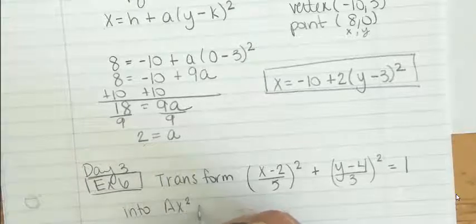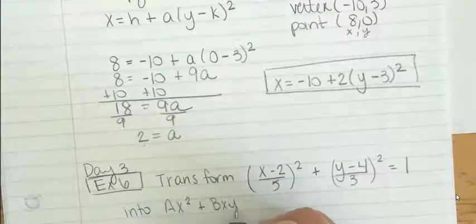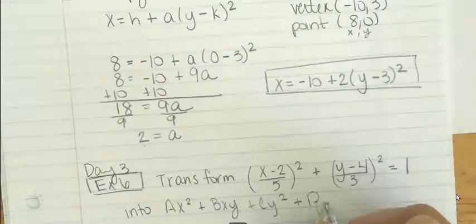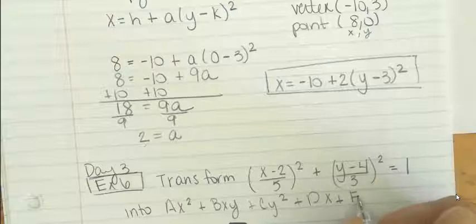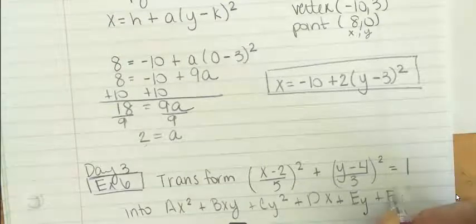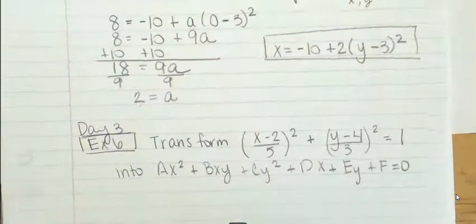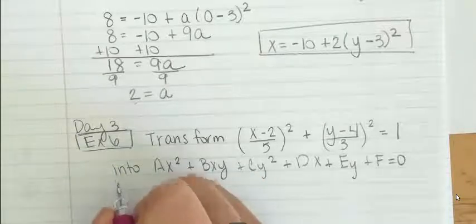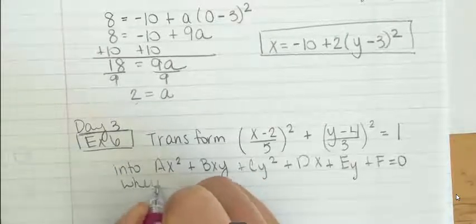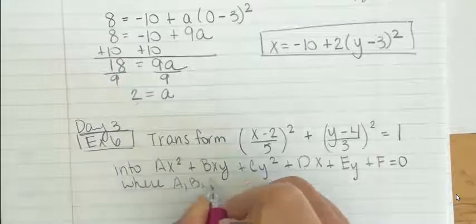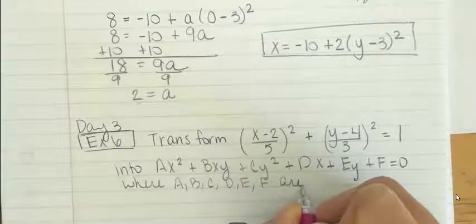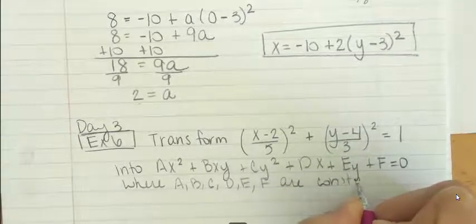ax squared plus bxy plus cy squared plus dx plus ey plus f equals 0, where a, b, c, d, e, and f are all constants.